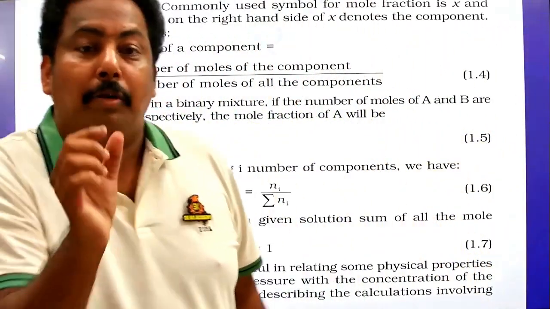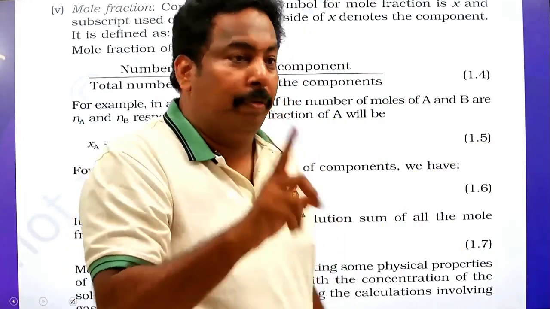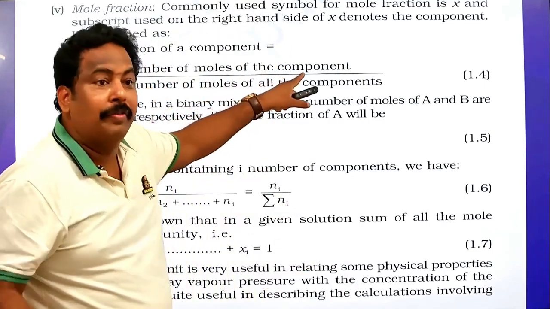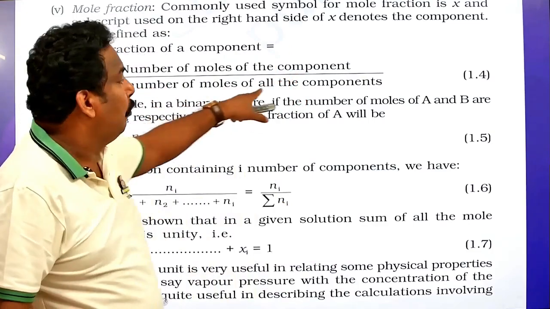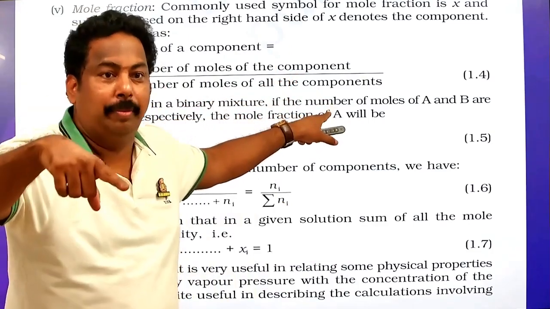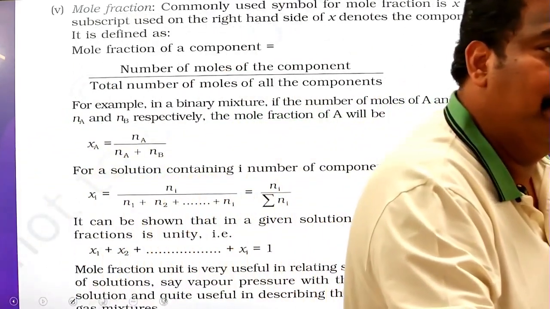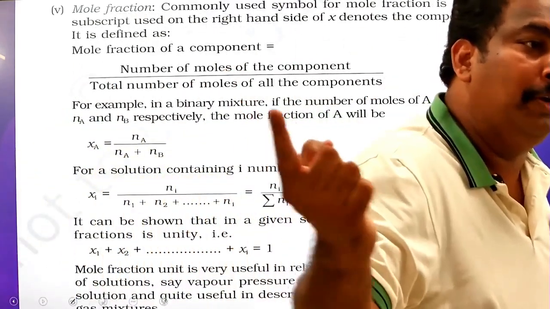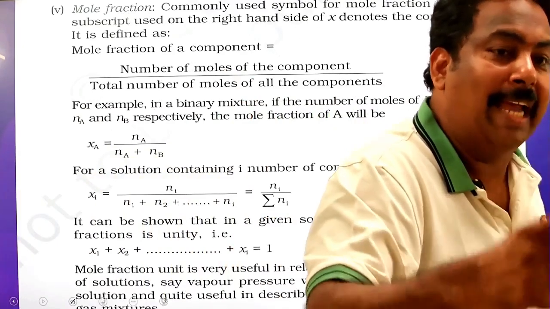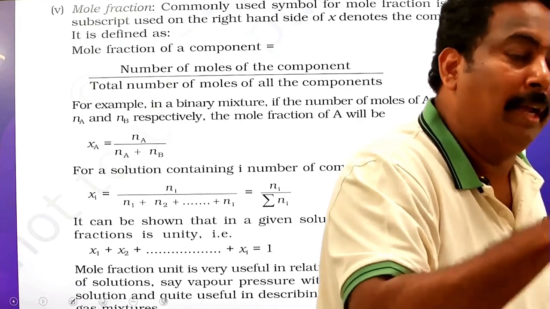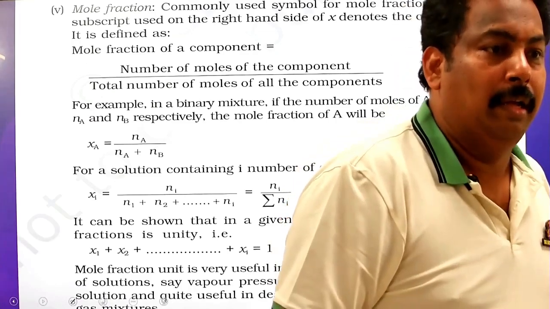So I took oxygen, and the mole fraction of oxygen will be nothing but the number of moles of that oxygen and the total number of moles of all the gas components. Why am I calculating in moles? Because I want to bring everything to a uniform unit.